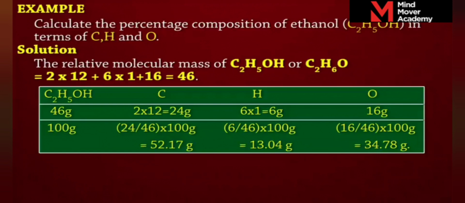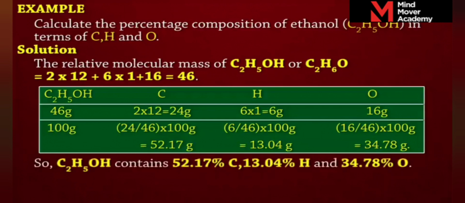So in 100 grams, the amount of carbon will be 24 by 46 into 100 grams, equal to 52.17 grams. The quantity of hydrogen will be 6 by 46 into 100 grams, equal to 13.04 grams. And the quantity of oxygen will be 16 by 46 into 100 grams, equal to 34.78 grams.